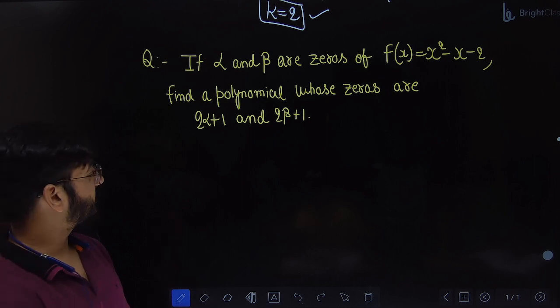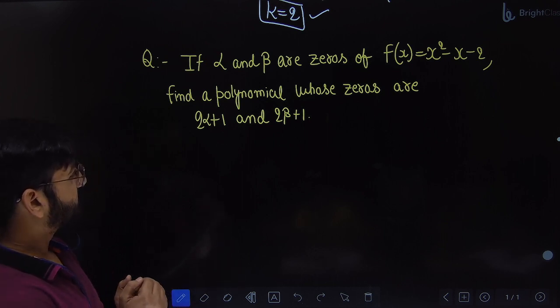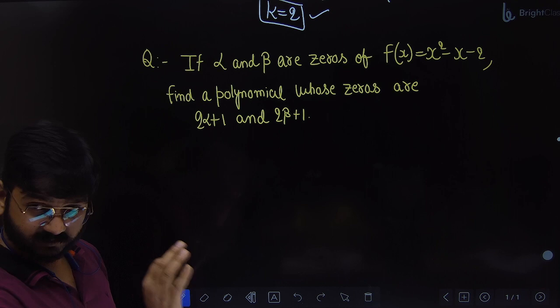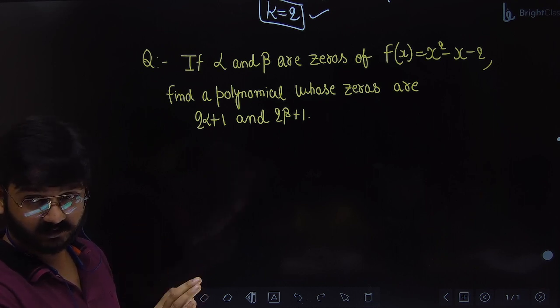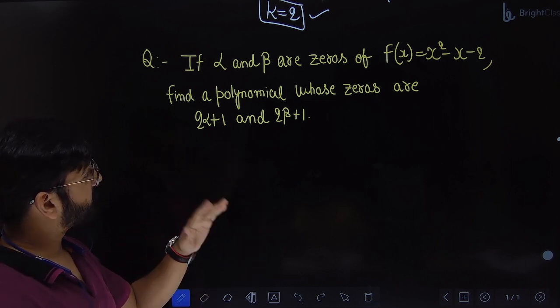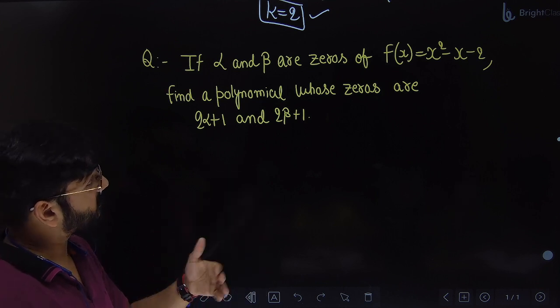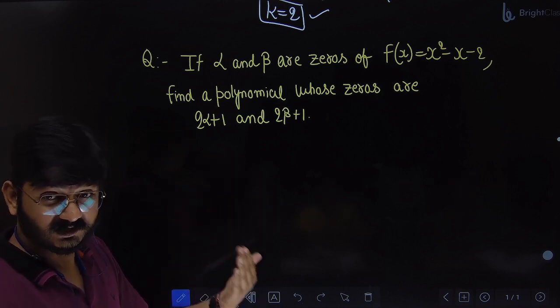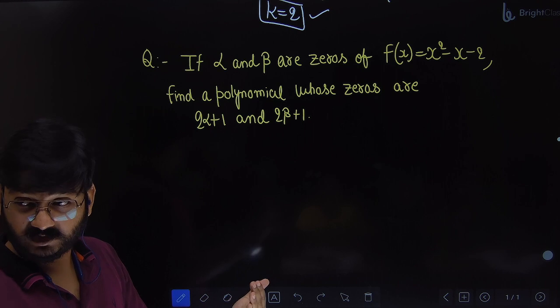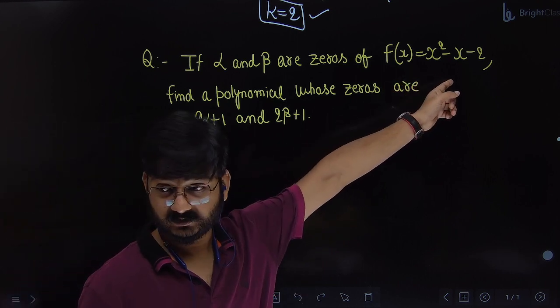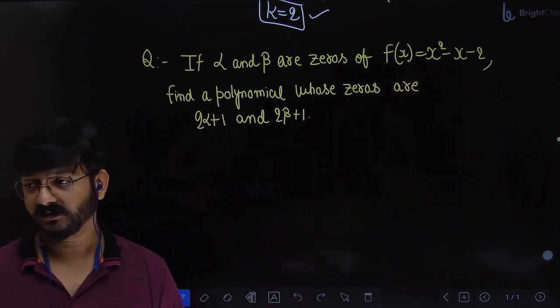Don't start thinking it's a new question. You go by the same method, find the sum of roots first, then find the product. For finding the sum and product, you need to first find out what is alpha plus beta and what is alpha beta. So how will you calculate that? By using this equation, sum of roots and product.